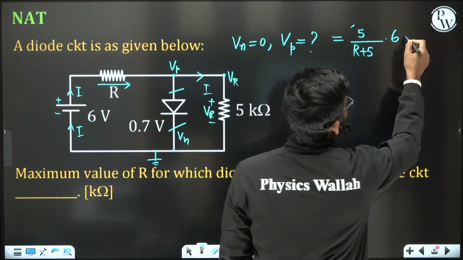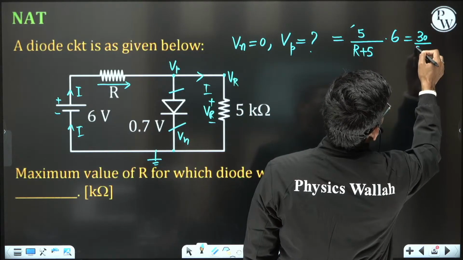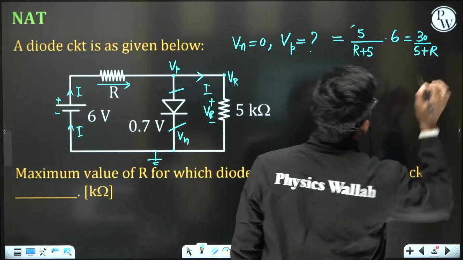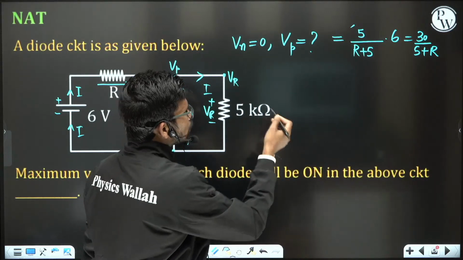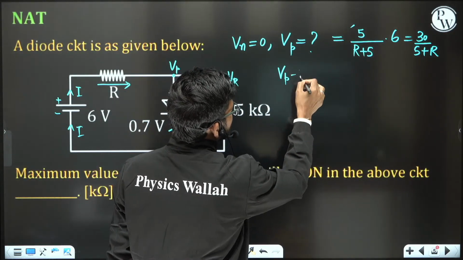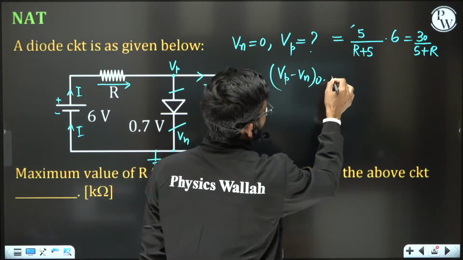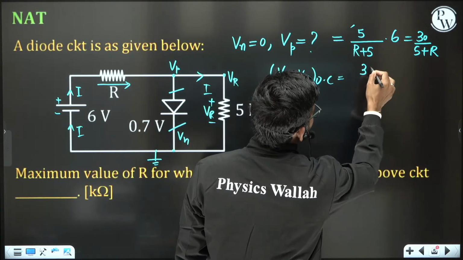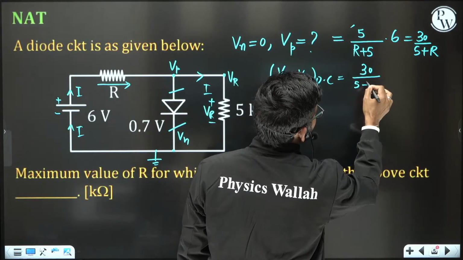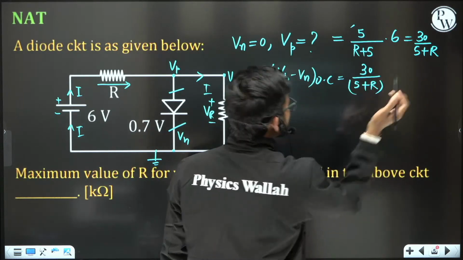So it comes out to be 30 upon 5 plus R. Now VP minus VN in open circuit condition comes out to be 30 upon 5 plus R minus 0.